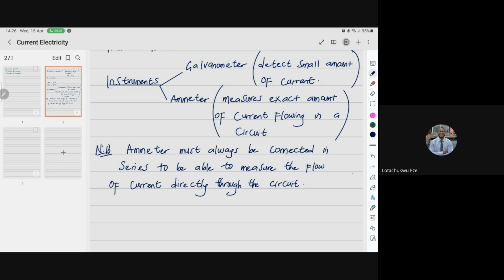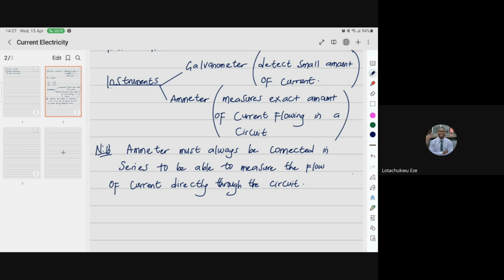So the next one now, remember we can have parallel and series connections. When the connections are in series, the same amount of current will flow through each of the ammeters connected in series. But when the connections are in parallel, the current is going to be different. Very important statement I just made.